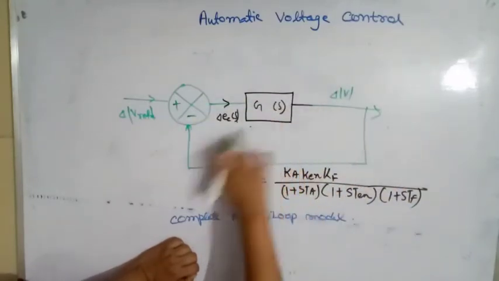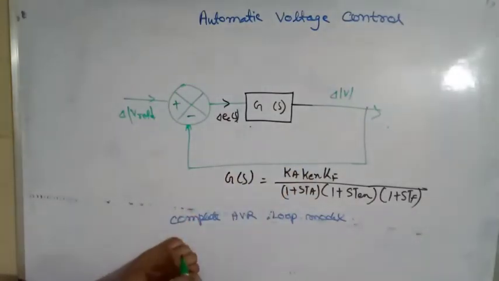This is the condensed form of the AVR voltage control loop.